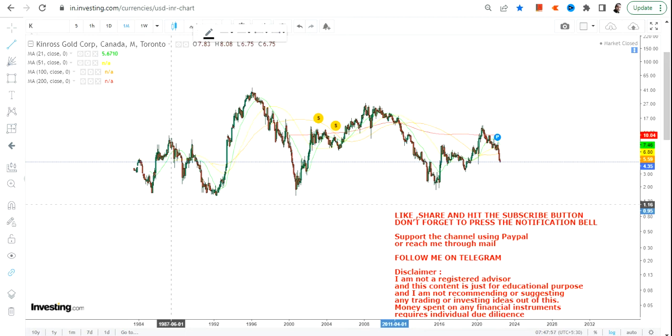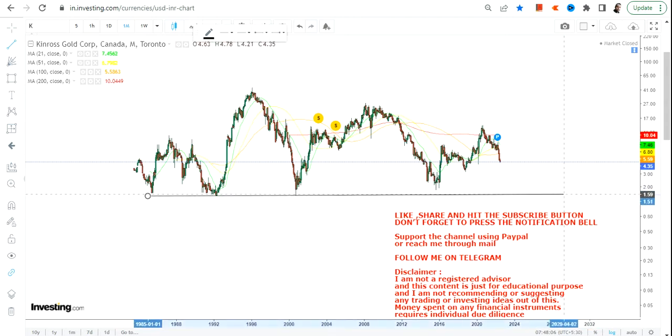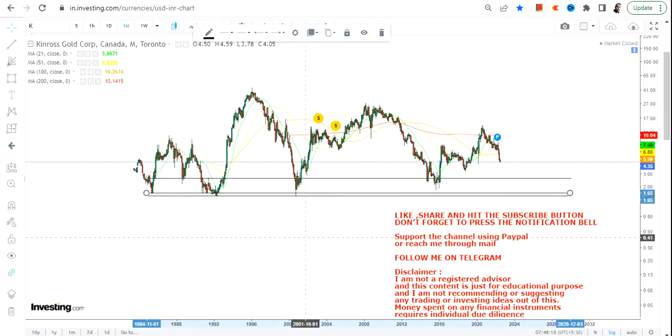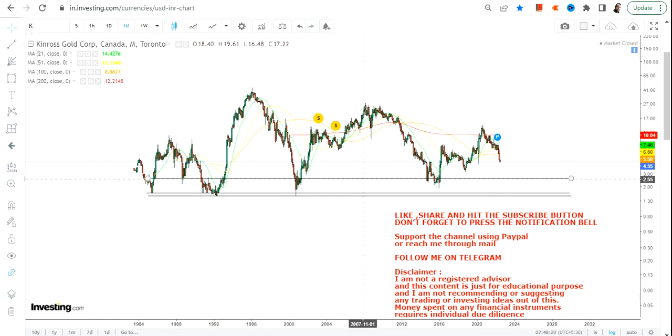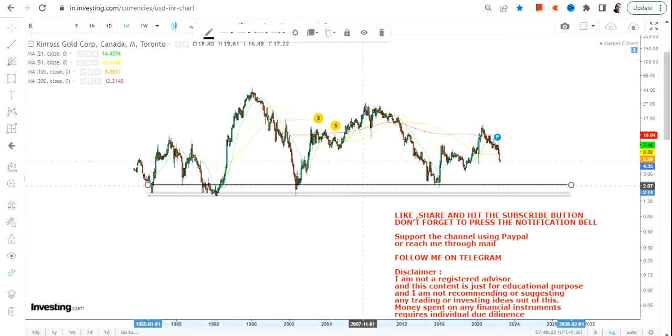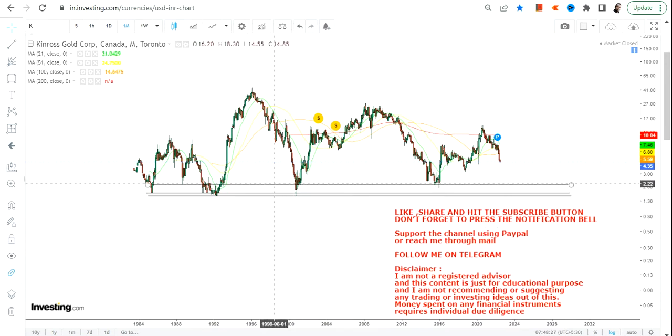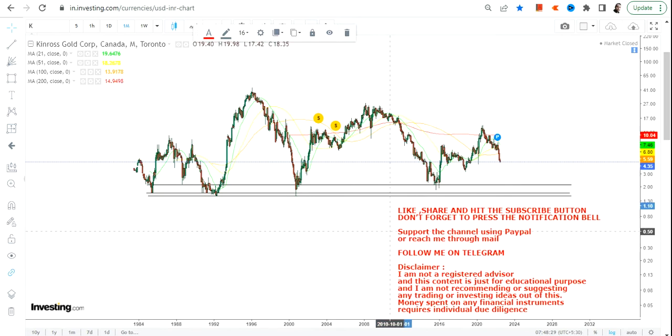It's not like solving supply issues, but it's a demand destruction scenario. And although gold has held its own value, we know that it's a globally traded instrument, so obviously it will have its reservations, and you can clearly see the way the price has been damaged. And obviously because we are talking about a stock and not a commodity, it's a global commodity producing company, but it's a stock as well, so equities are anyways going down.